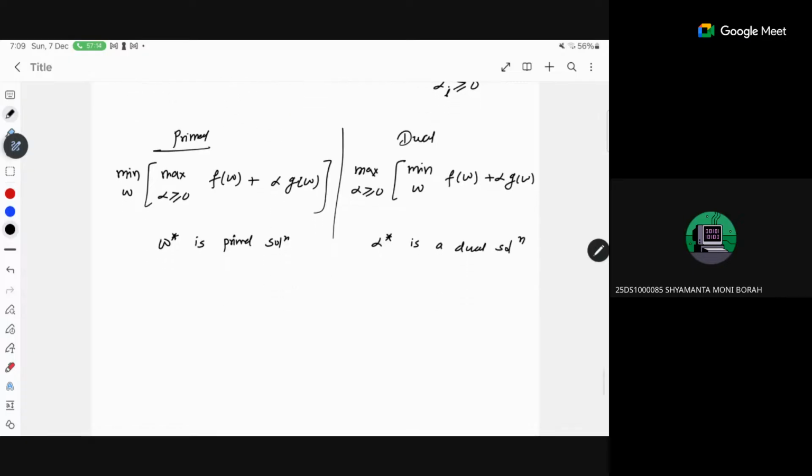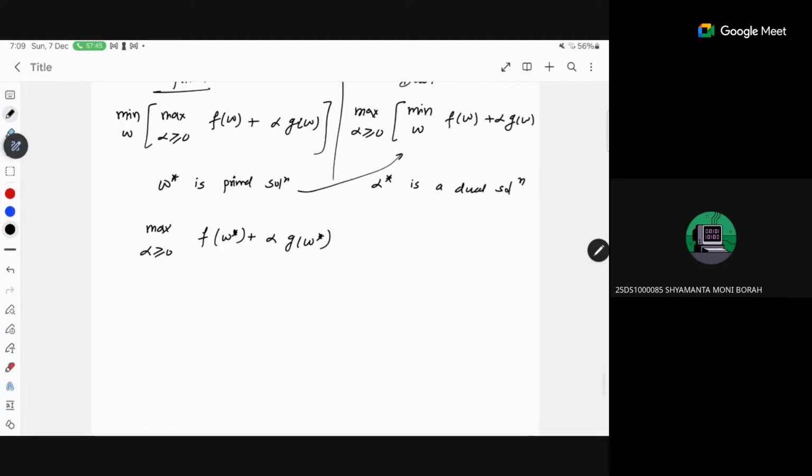If I substitute W star into this, what will the equation be? Max over alpha greater than or equal to 0 of f of W star plus alpha g of W star.